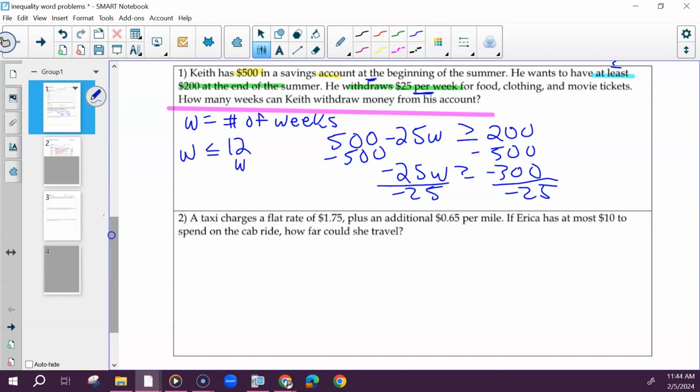Because 300 is 3 100s and 25 goes into 100 4 times, so just multiply that by 3. I was not doing the math in my head, but thank you. So then, if he withdraws money for 12 weeks or less, he will have at least $200. So if you wanted to write that as a sentence, it would be something like that. But if he were to go over that 12 weeks, he would not have at least $200.